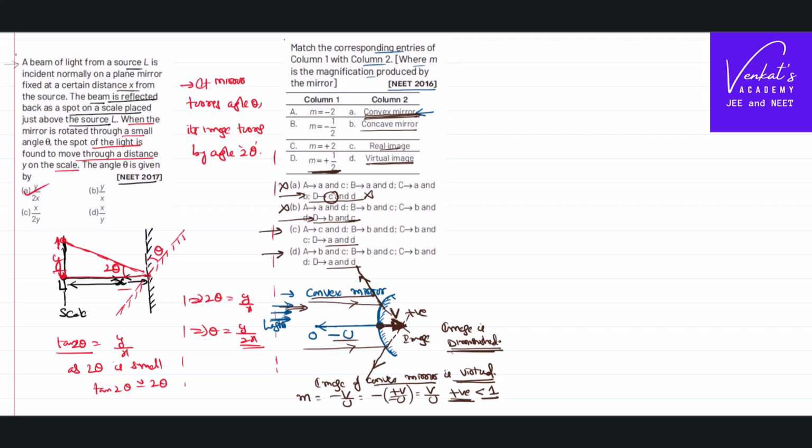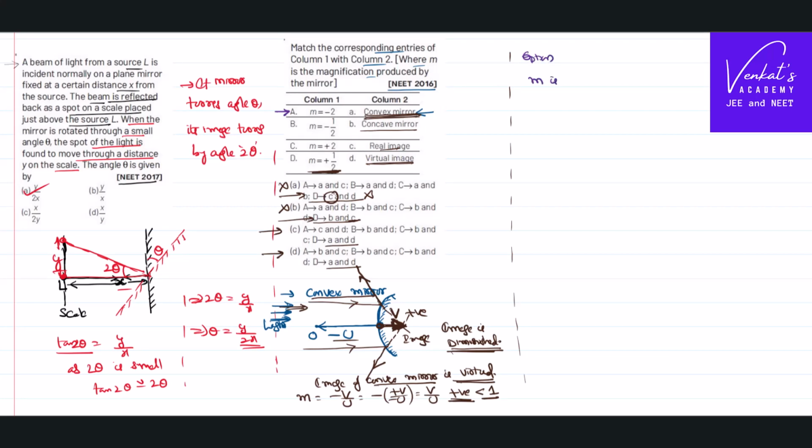Definitely A and B are wrong. Further, which is correct in that C and D? To identify that, we can solve further and take one more option, right? Let us take the first option itself. Anything is fine. Option 1.